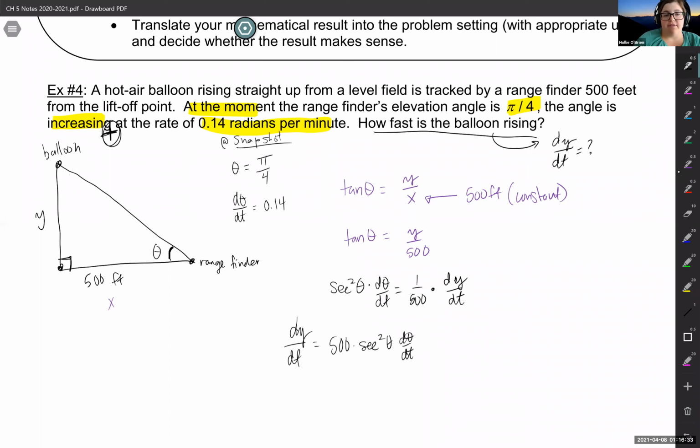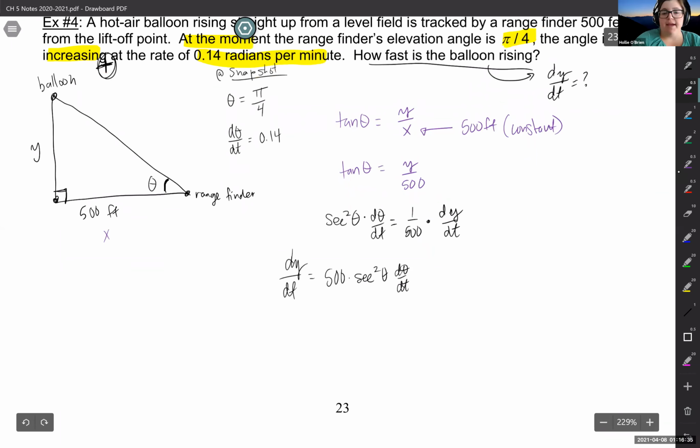That's why I rearranged it a little bit. But now we can plug in. So at the snapshot, at that single moment in time, how fast is it rising? Well, 500 times secant squared of, at that moment, pi over 4 is our angle, and our rate of change is 0.14.